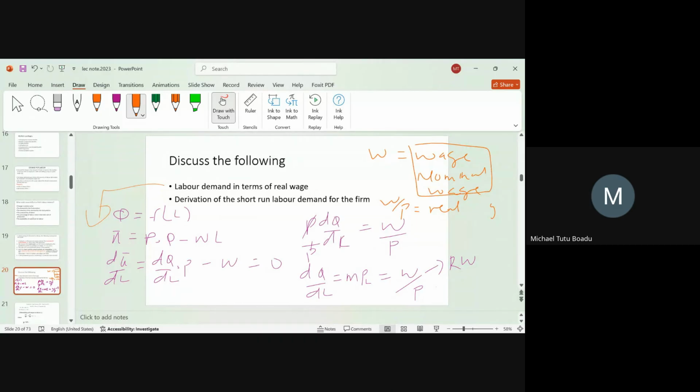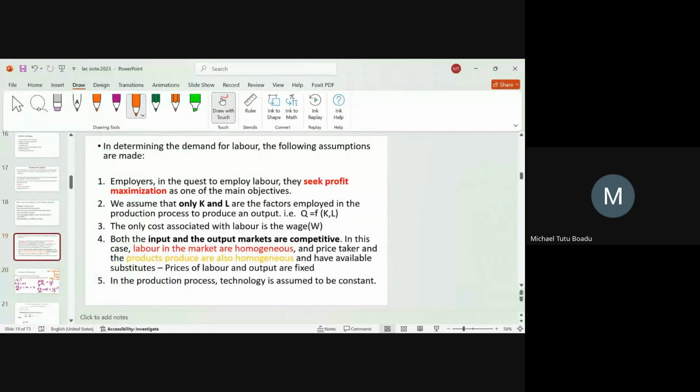Okay. So we can derive the labor demand in terms of real wages within the perfect competitive system. Remember, it is the perfect competitive system. One of the things you remember about perfect competition, which I know you did in principles, is that the price of the product is equal to the marginal revenue and is equal to the demand, which means the marginal revenue will be equal to the marginal product.